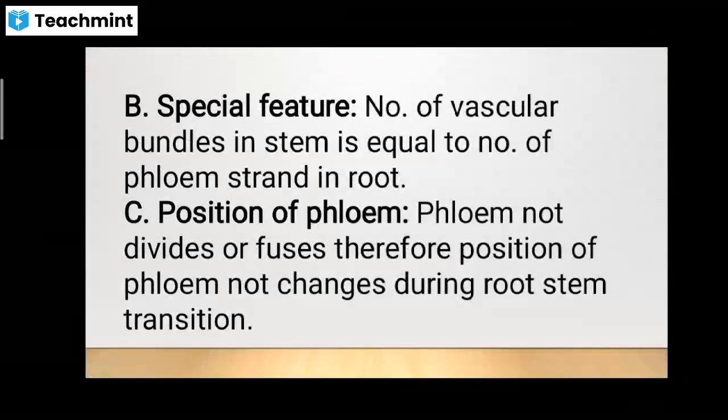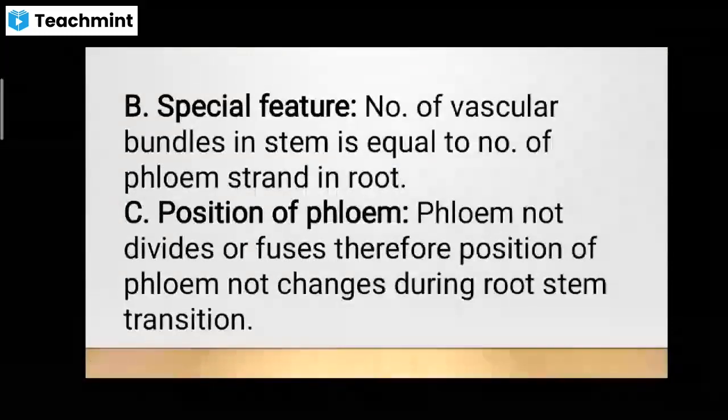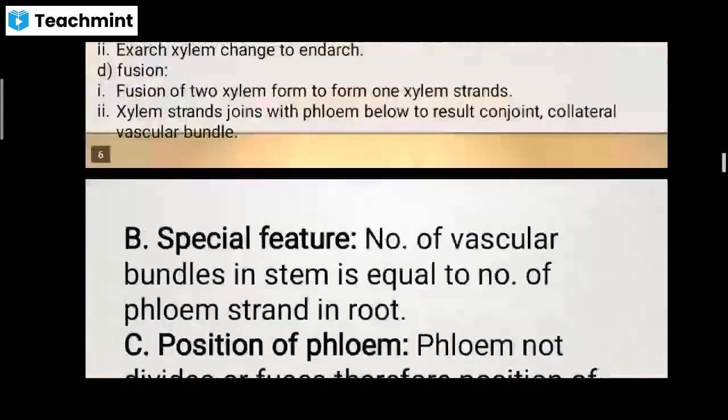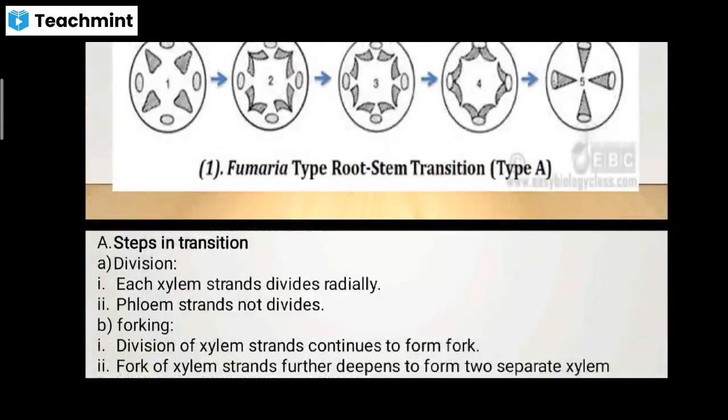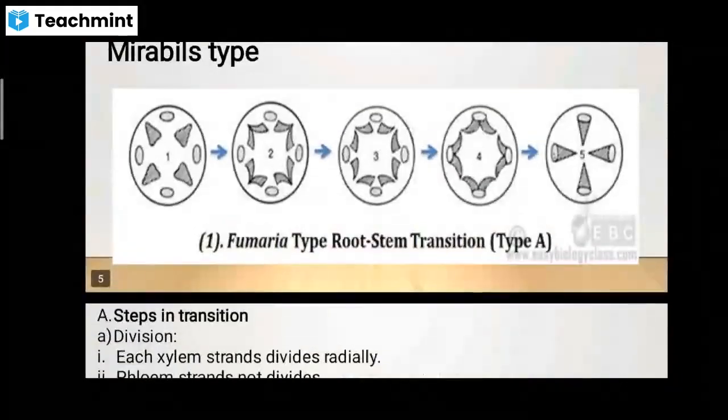Then the position of phloem: the phloem does not divide or fuse, therefore the position of phloem does not change during the root-stem transition. So in the case of type A, the phloem position does not change, because the changes that take place concern only the xylem strand. So this is all regarding type A, or Fumaria type or Mirabilis type, in root-stem transition.